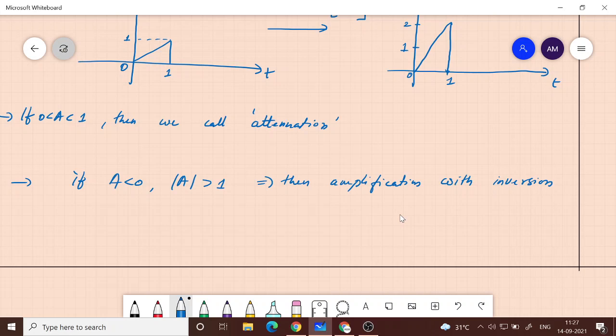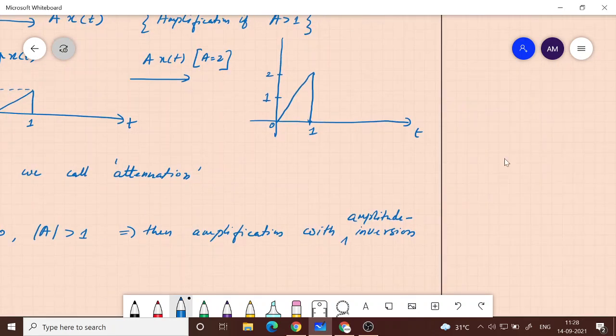This is not time inversion, don't confuse them. So to specify it, amplitude inversion.